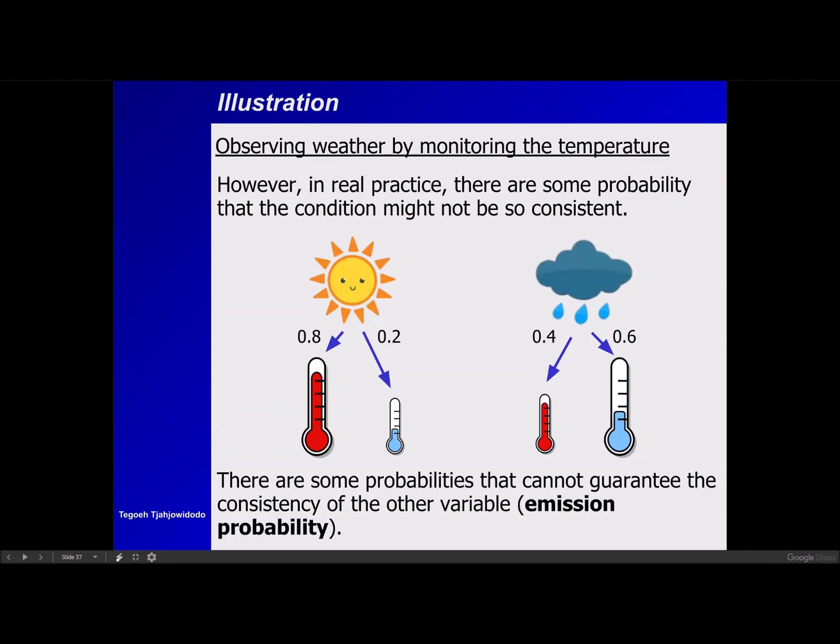But I cannot guarantee 100% that the temperature will be cold when it is rainy. So this kind of probability, when the probability of one state depends on another state, this is what we call emission probability.